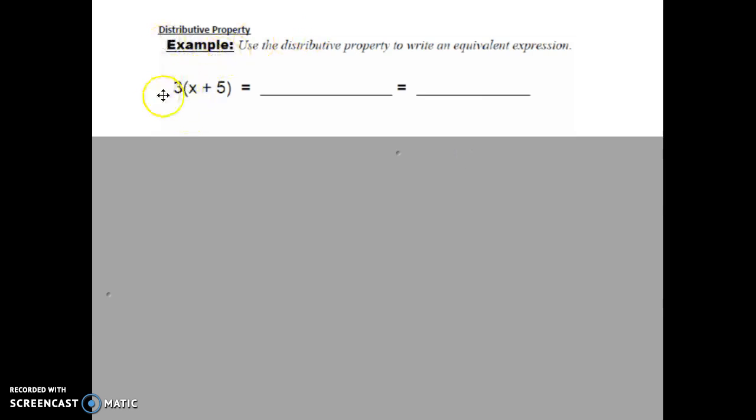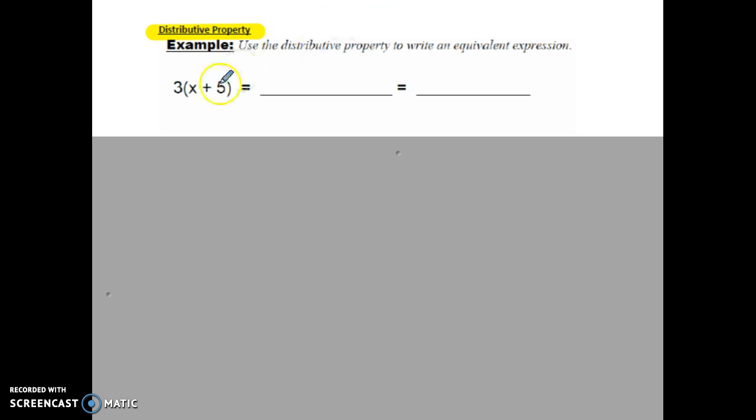If we have 3 and then we have parentheses x plus 5, we cannot add the x plus 5 together in the problem because you guys know that we can only combine x's with other x's, we can only combine constant terms like number 5 together with other plain numbers. So that's why we're using the distributive property. We use the distributive property so that we can simplify the problem to create something that is equivalent. So equivalent, remember, is just a fancy word for it being equal.